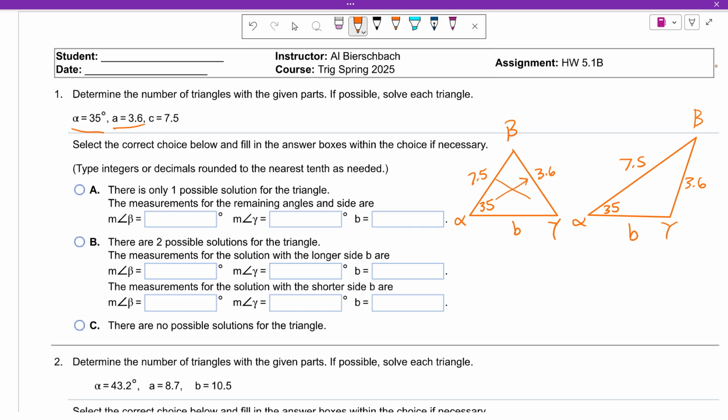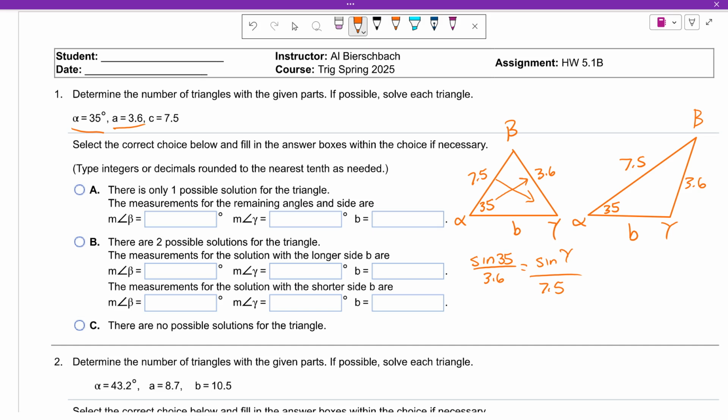We have opposites there. I want an opposite there. So we'll go the sine of 35 degrees over its opposite side, 3.6, equals the sine of gamma over its opposite side of 7.5. There we go. Whew, about screwed that up.